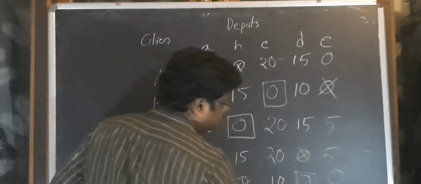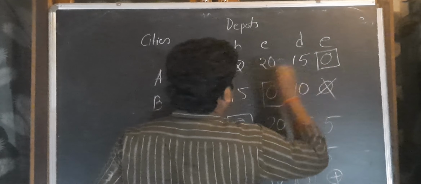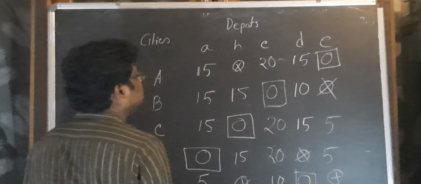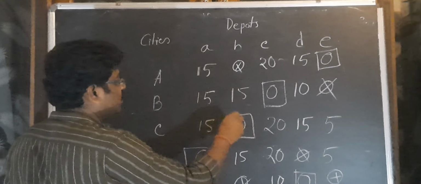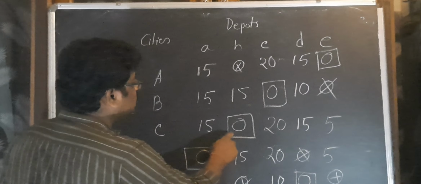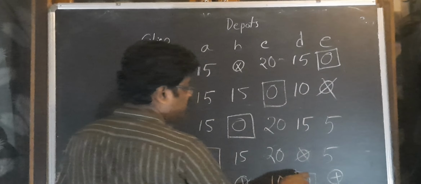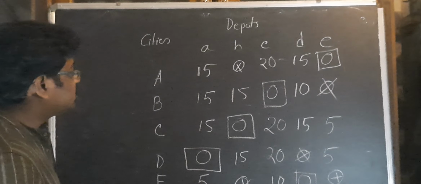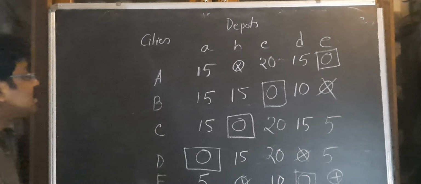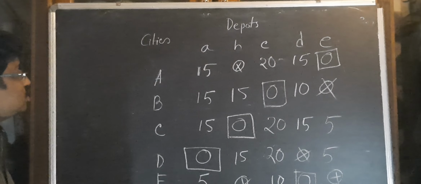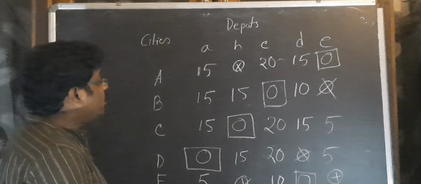Now we consider the last column. Here is another zero, so we assign a box here. So we have 1, 2, 3, 4, 5 boxes, and by using these boxes we can have the solution.